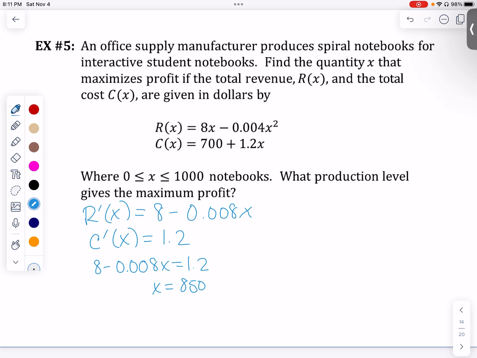So again, the goal here is I want to maximize profit, so I want to check that 850. I can see that pi of 850 is going to be $2,190.